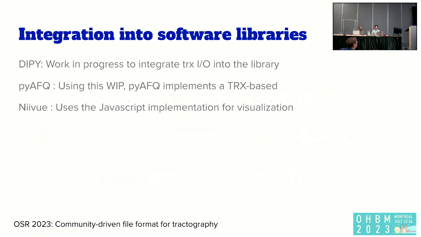First of all, there's work within the Diffusion Imaging in Python library to integrate TRX input and output into the library. Because of that, we were then able to start benchmarking TRX-based pipelines in work that we're doing on a library called PyAFQ that does bundle identification and segmentation in tractograms, and implements the TRX-based pipeline for what I just said.